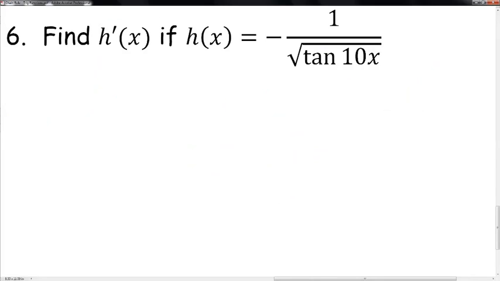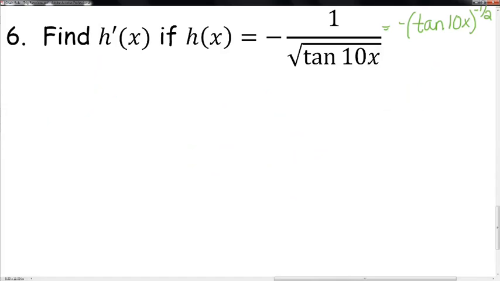Finally, number 6, find h prime if h is equal to -1 over the square root of tan of 10x. So let's rewrite this. So we have negative tan of 10x raised to the -1/2.